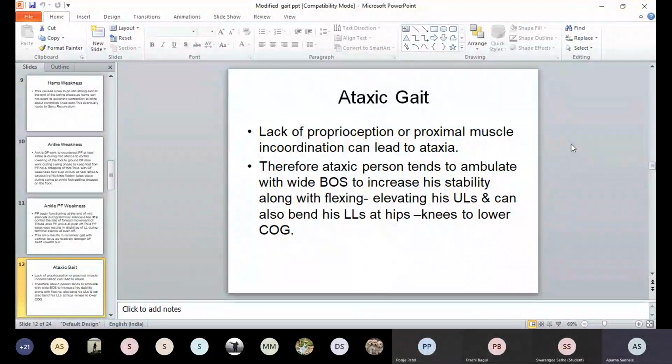And there is pendular jerk, then there is decomposition of movement. What is dysmetria? There is misjudging of the distance through which the movement has to be performed, so there could be undershooting or overshooting of the limb during a particular movement.